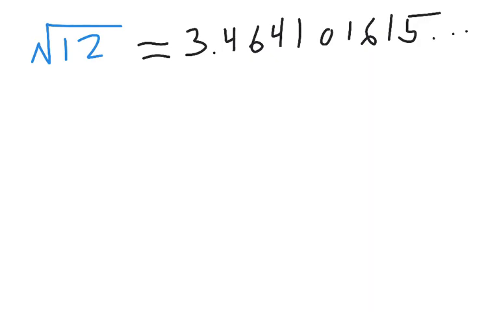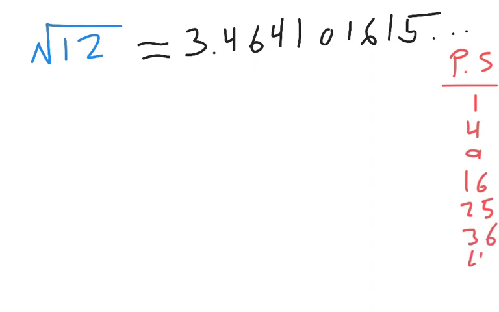But what we want to do, if we're going to simplify this, is we want to think about our list of perfect squares. So again, that's 1, 4, 9, 16, 25, 36, 49. And again, that list continues on. Can I rewrite 12 as one of these numbers times any other number?